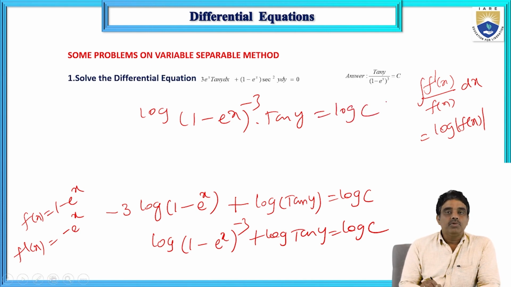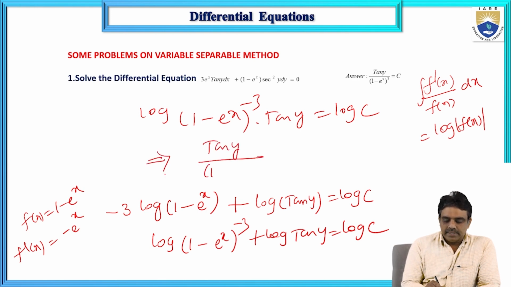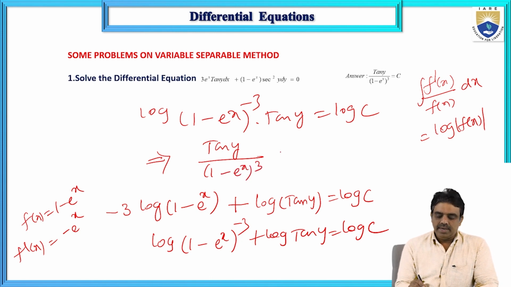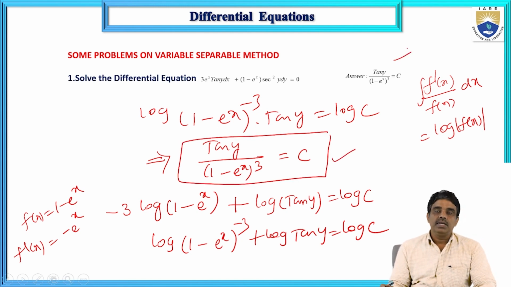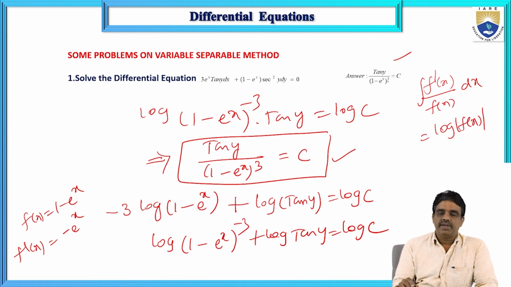Or on eliminating log on both sides, then you'll get tan y by 1 minus e power x whole power 3 is equal to c. So this is the required solution of the given differential equation. Already answer is given, tan y by 1 minus e power x whole cube is equal to c.